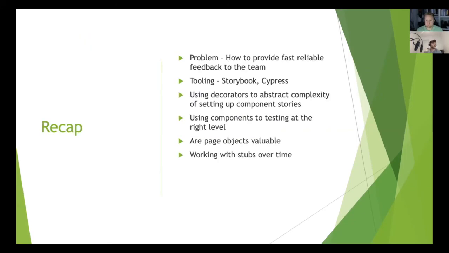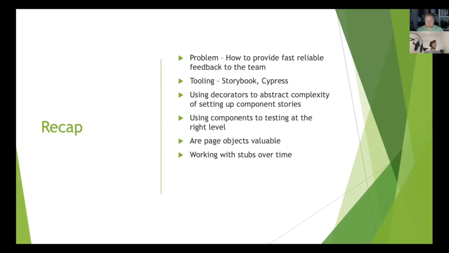And that's it. I feel like I've raced through this much faster than I was supposed to, so I'm sure there's plenty of time for questions. To recap, the problem was how can we provide fast and reliable feedback to the team? We had a look at some of the tooling, Storybook and Cypress.